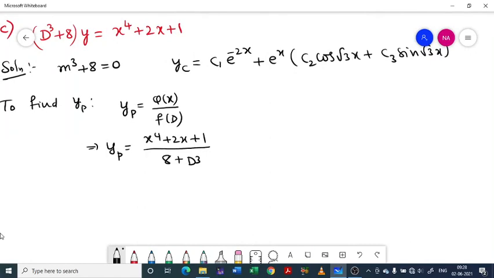Now come to the division part. X power 4 plus 2x plus 1 divided by 8 plus d cube. Now what I have to write here? X power 4 divided by 8. So multiplying that, 8 gets cancelled, you get x power 4.